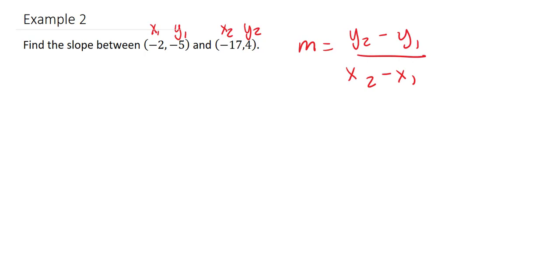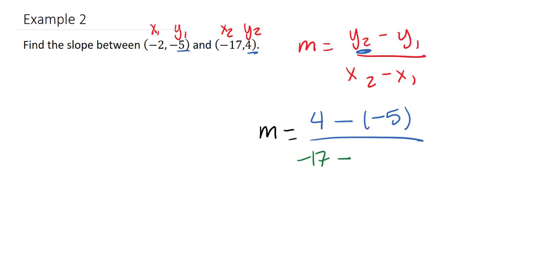So all we can do is plug in our values. y2 is 4 minus y1, which is -5, so let's put that in parentheses. Then on the bottom we have -17 minus -2.